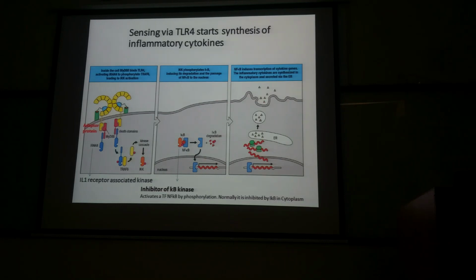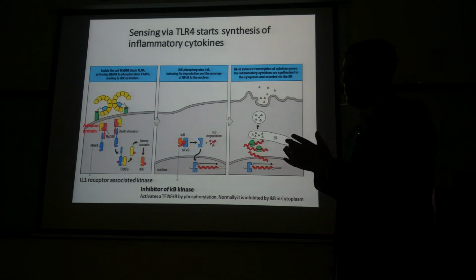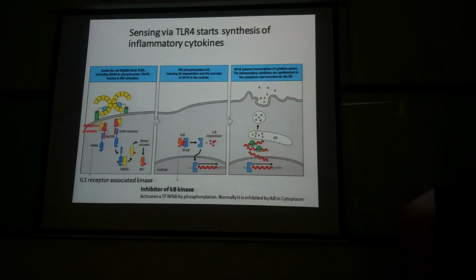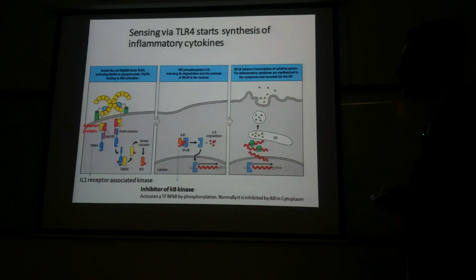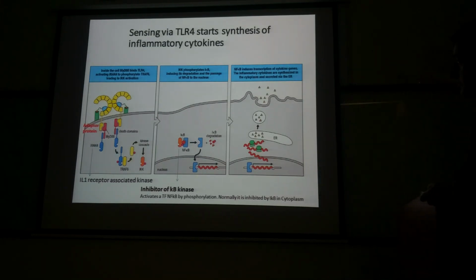When they are expressed together on the surface and they are attached to antigens, then they are activated in that way. No receptor works alone. One receptor does not just bind to a single piece of antigen and get activated. So this toll-like receptor 4 also works in the same way, just like other receptors do.